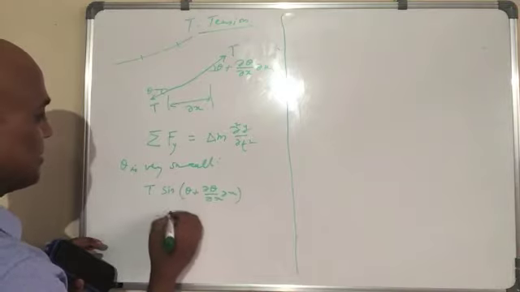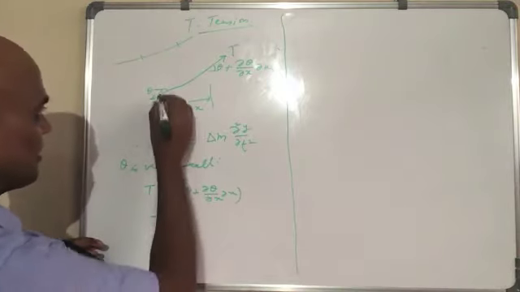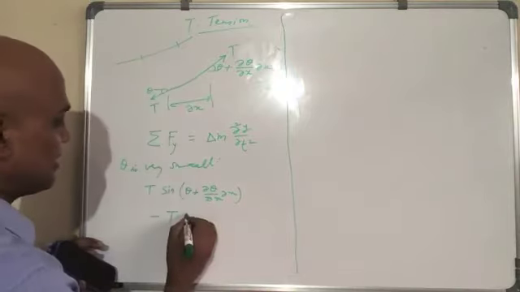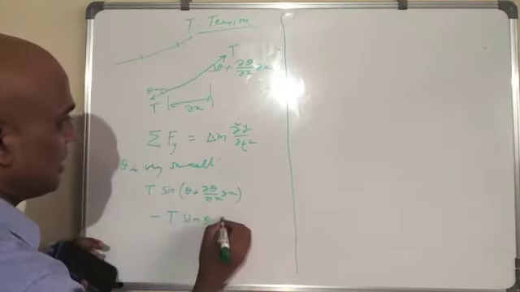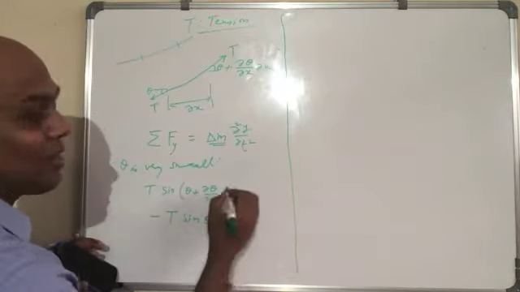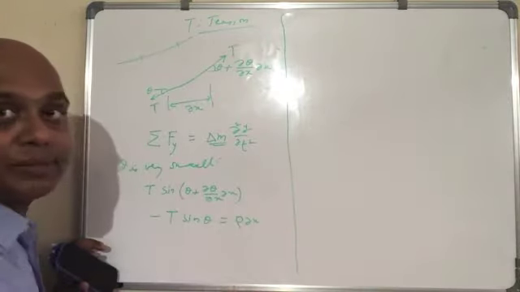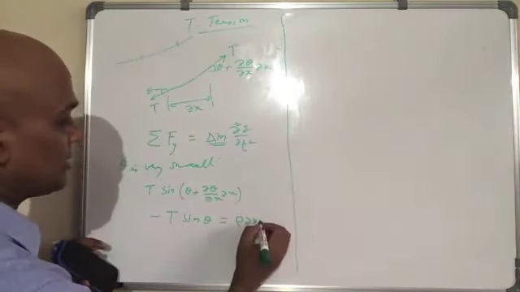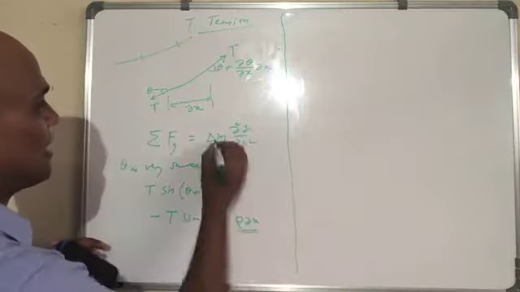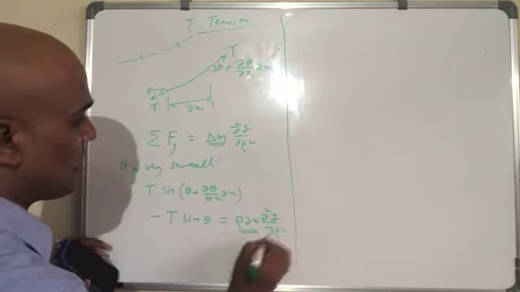Minus, we get T, and again the sine, so sine theta, will be equal to delta m. Delta m is nothing but rho del x. So this becomes delta m times del square y over del t square.